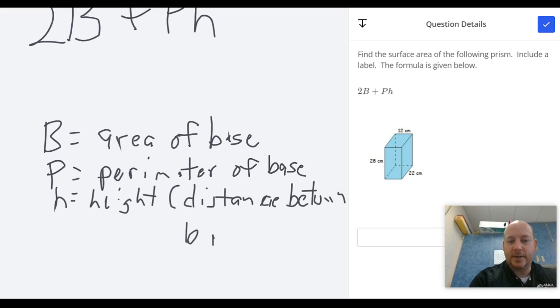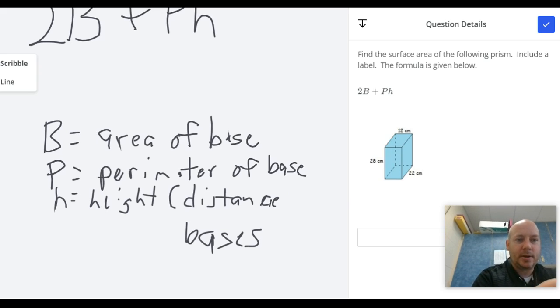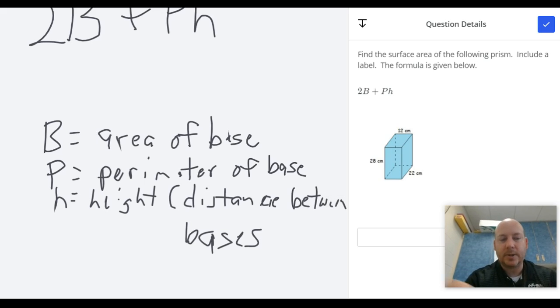That should say distance between the bases. What is going on? You know what? Let me re-erase this quick. If you're listening to this, it makes sense, but I don't know why my pen is being so difficult. Distance between, it's a little better. Distance between the bases.